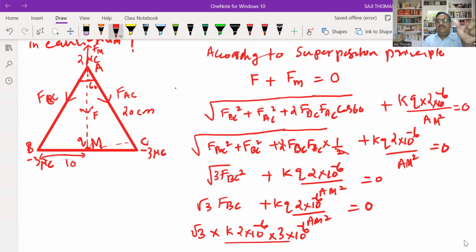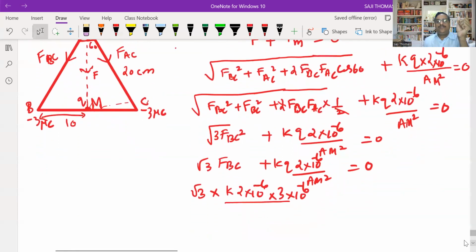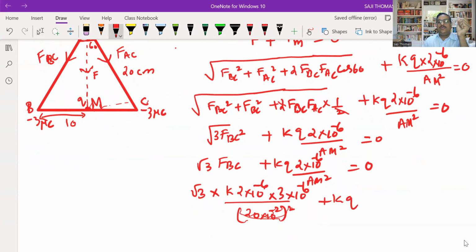Divided by, what is BC? BC is 20 centimeter. So 20 into 10 raised to minus 2, the whole square, plus K Q 2 10 raised to minus 6.